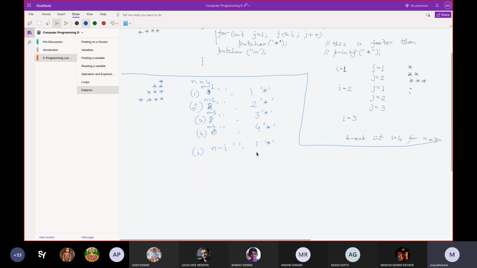This is the pattern. So how will the code become? First, obviously, you have to run n number of rows. Now, for each row, i is representing the row, with i starting from 1, 2, 3, 4. First, you have to print n minus i number of spaces.